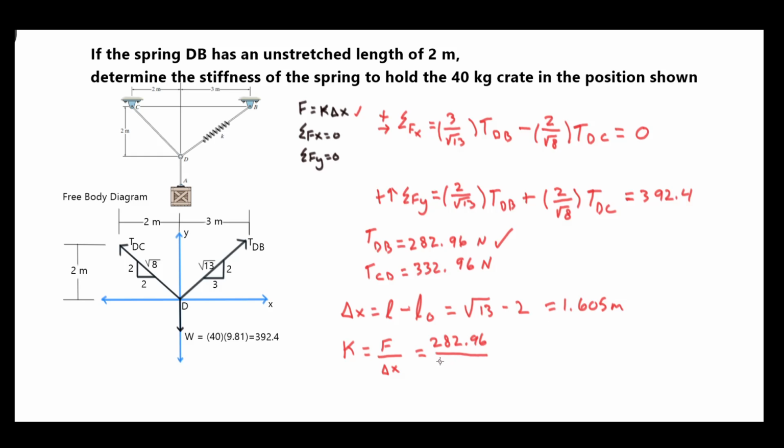So it's 1.605, and that gives us a k constant or stiffness value of 176.24 newtons per meter.